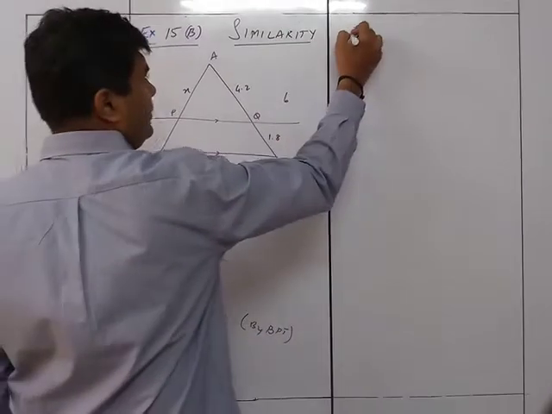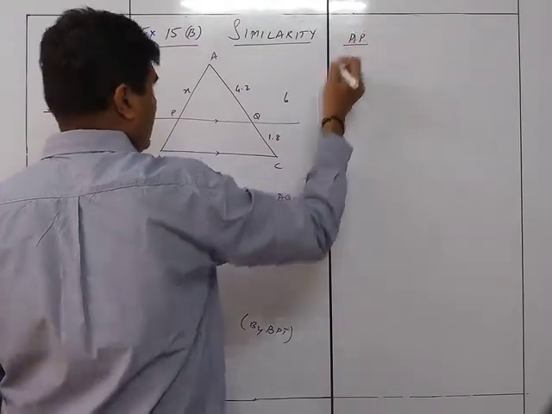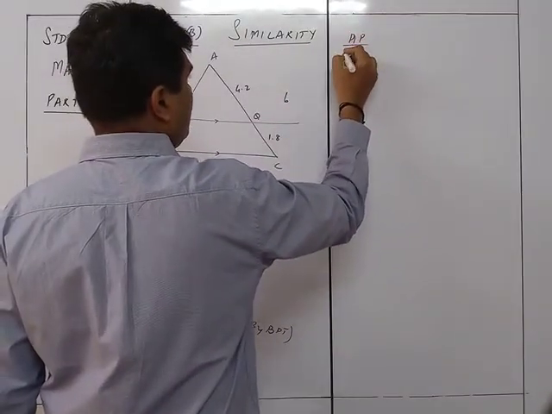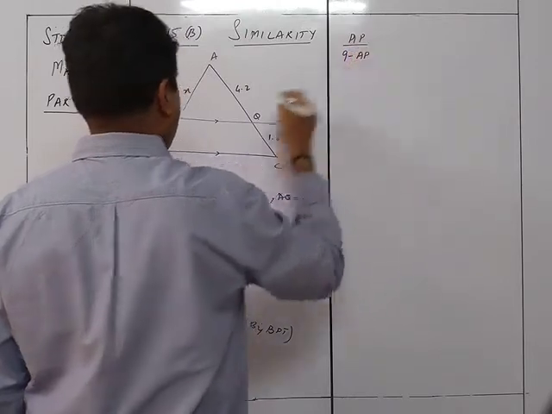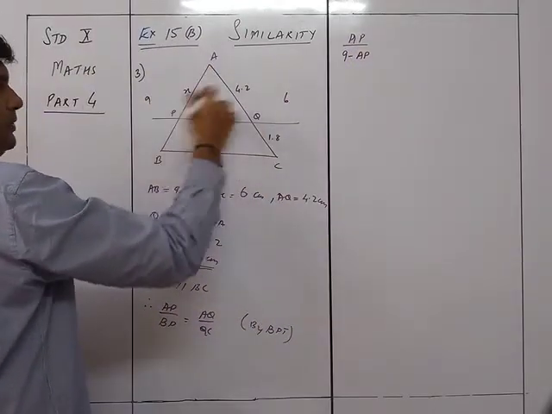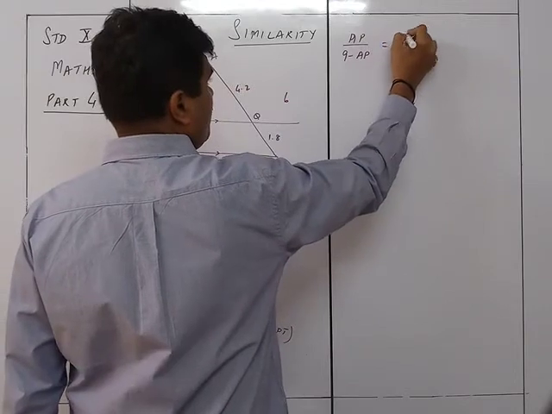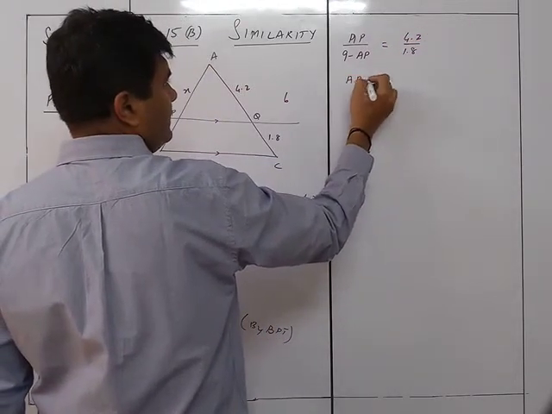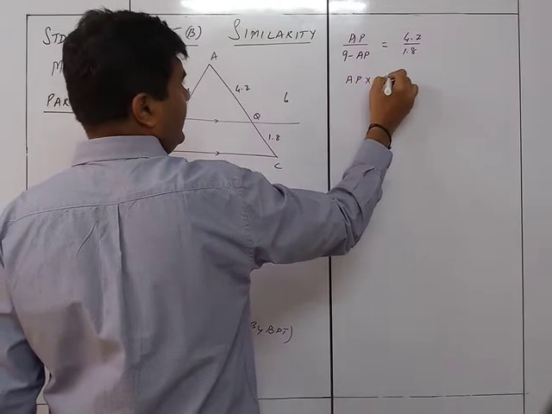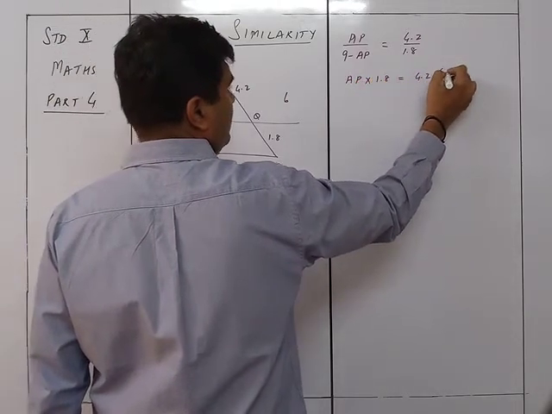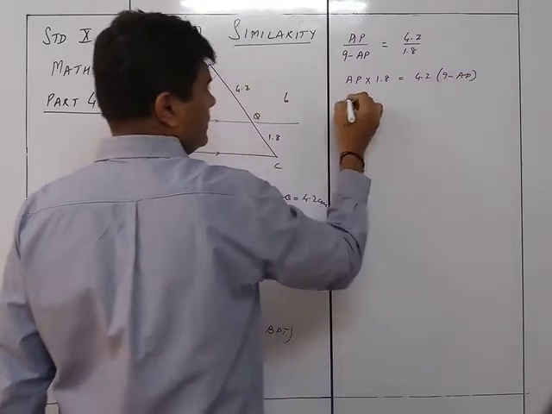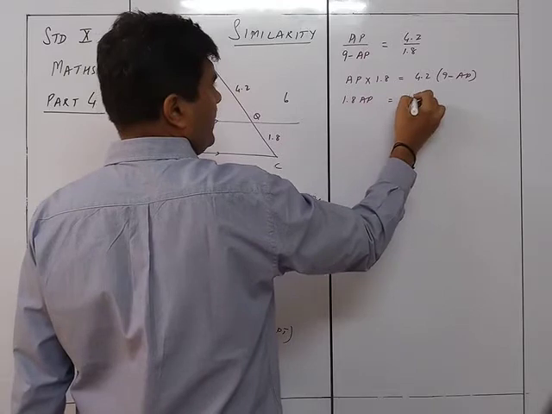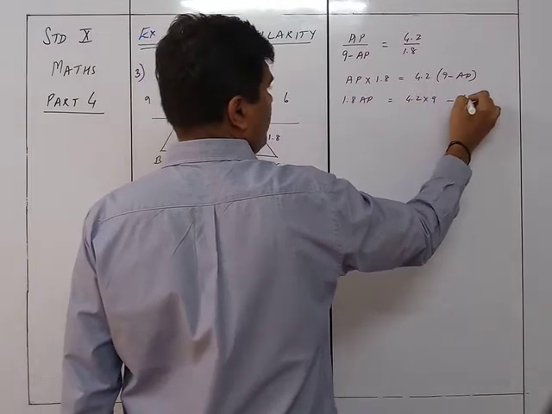BP will be 9 minus AP, so AP upon 9 minus AP is equals to 4.2 upon 1.8. So AP into 1.8 is equals to 4.2 into 9 minus AP. So 1.8 AP is equals to 4.2 into 9 minus 4.2 AP.